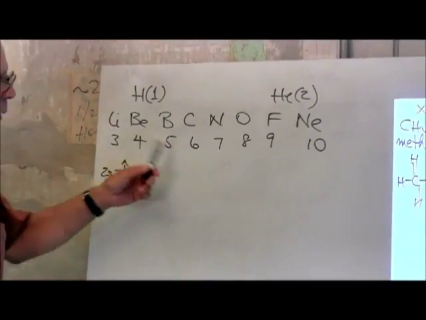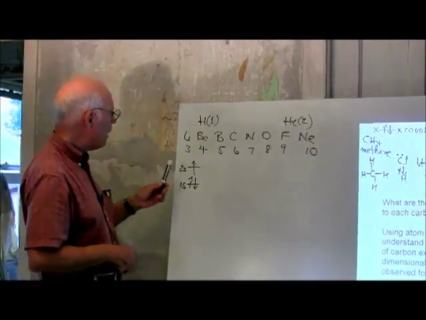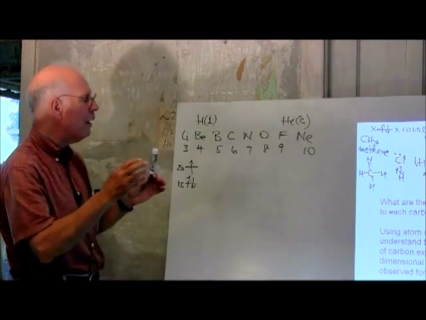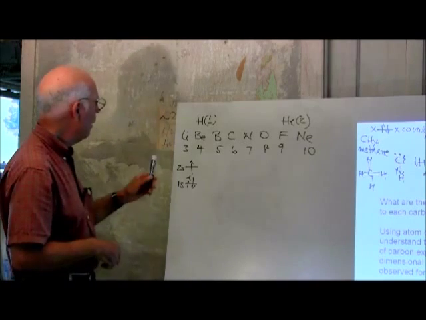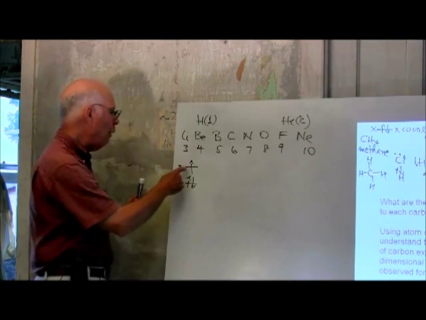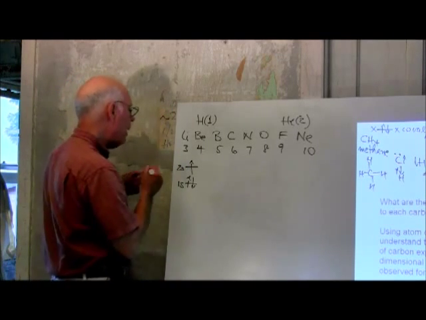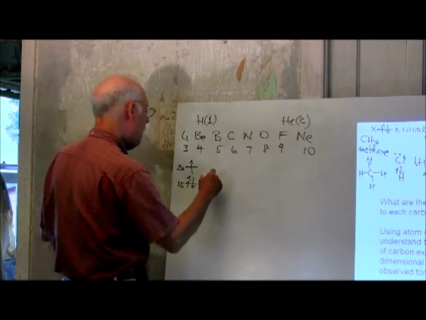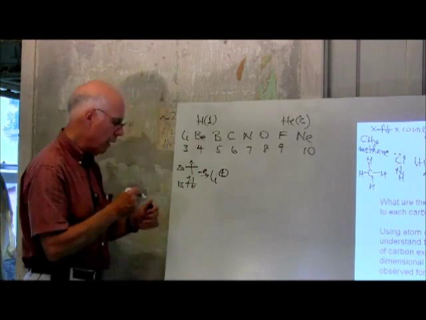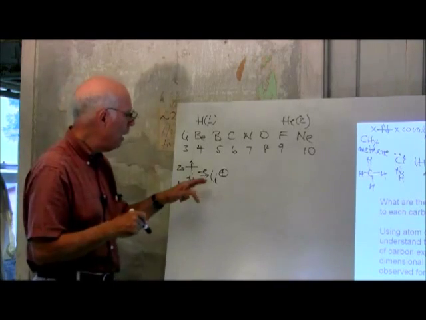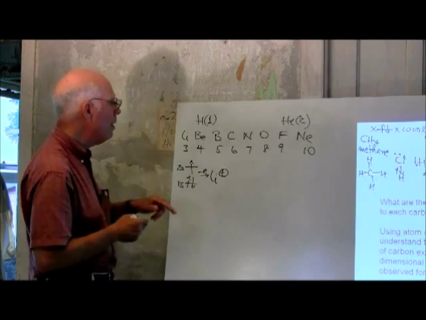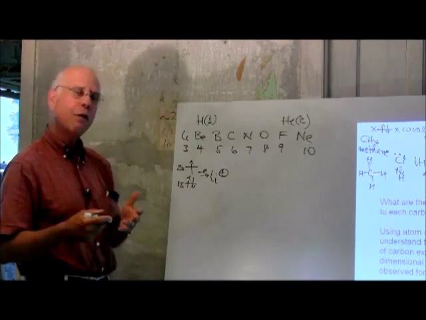The driving force for the bonding of these atoms has to do with trying to attain a noble gas electronic configuration. Lithium is closest to helium. If lithium were to give away one of these electrons, then we'd have lithium minus 1 electron, and that's the way lithium bonds. Lithium bonds as a positive lithium, and if it had to give away one of these electrons, where might it give that electron to?